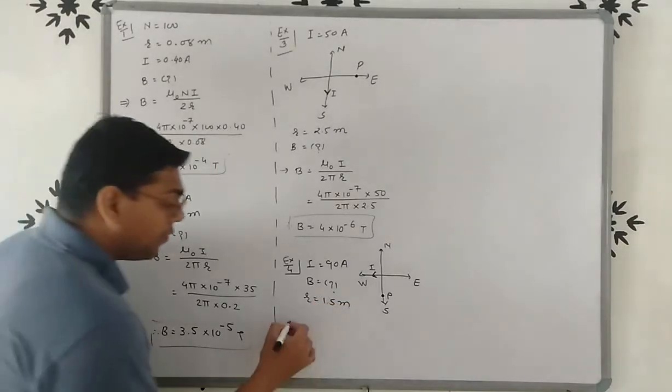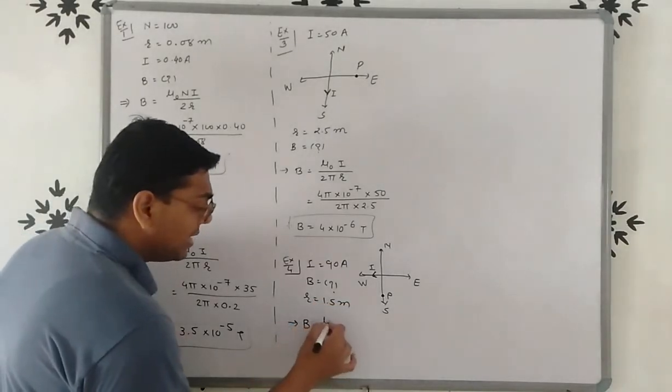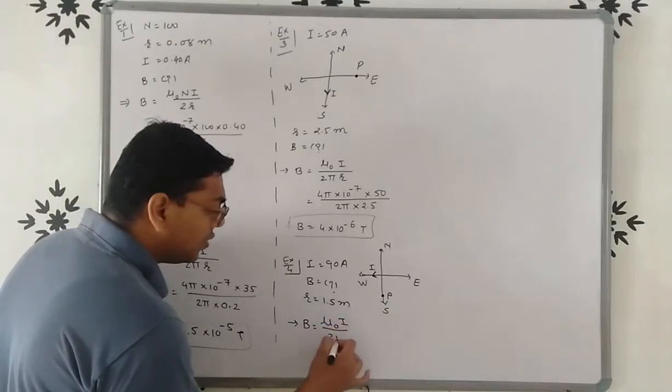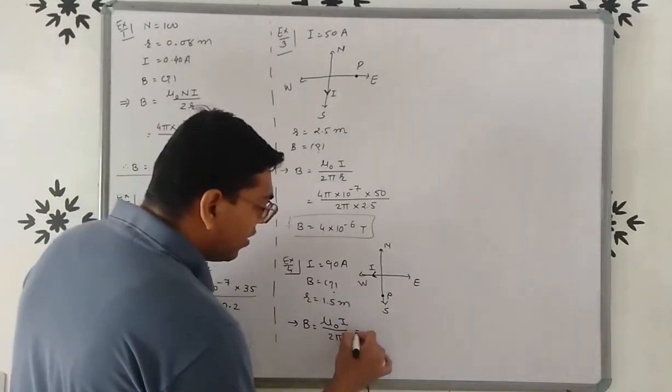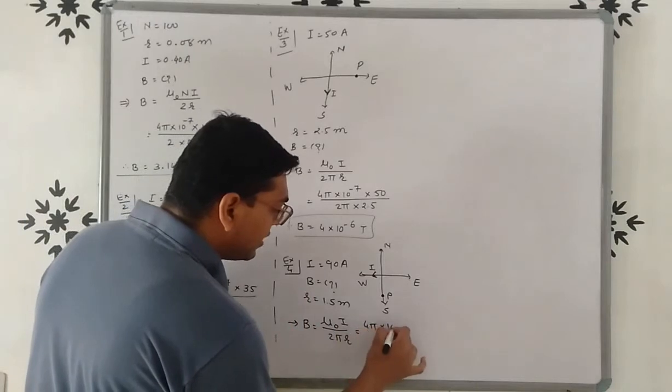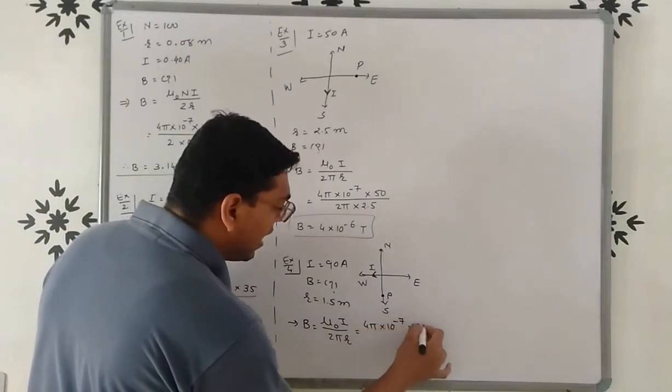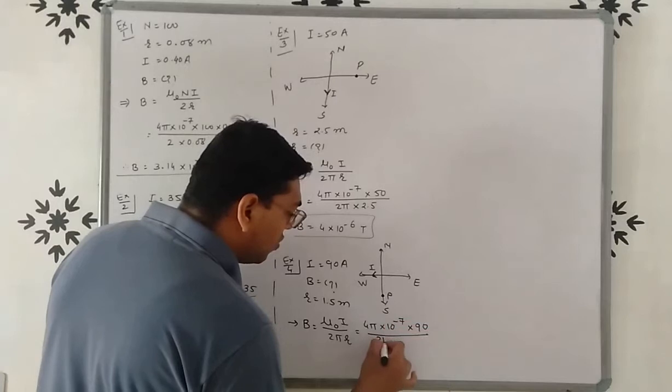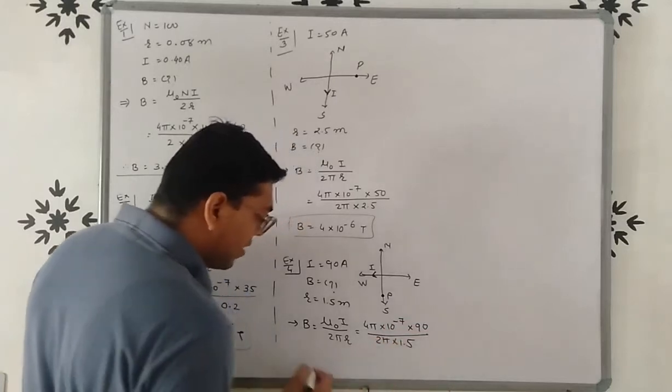Now we already know the formula to find out magnetic field. B is equal to mu 0 I upon 2 pi r. So value of mu 0 is 4 pi into 10 raised to minus 7. Value of I, 90 upon 2 pi. Value of r, 1.5.